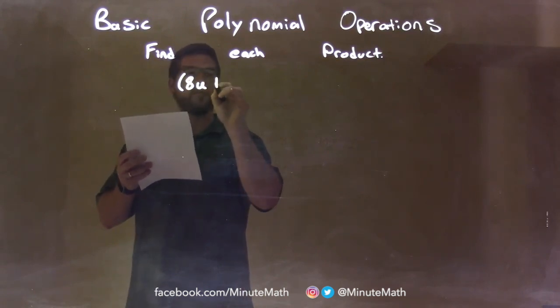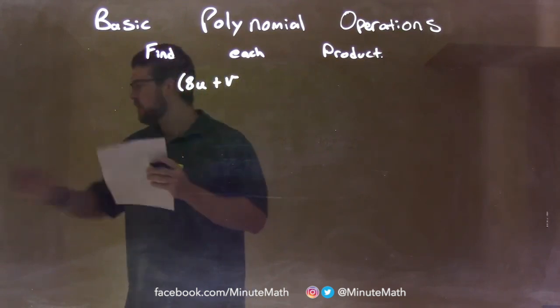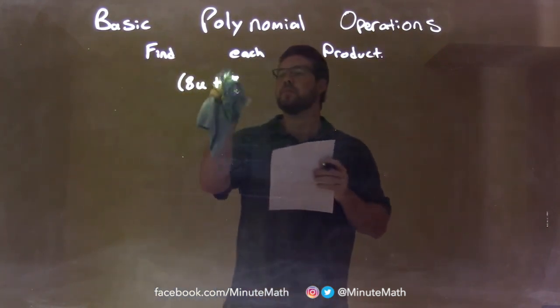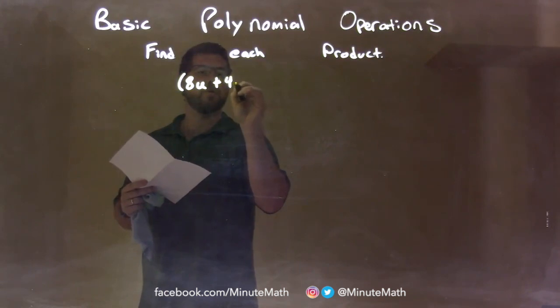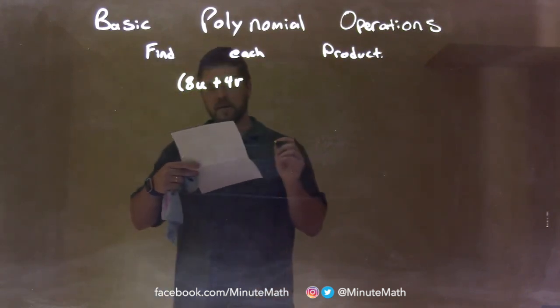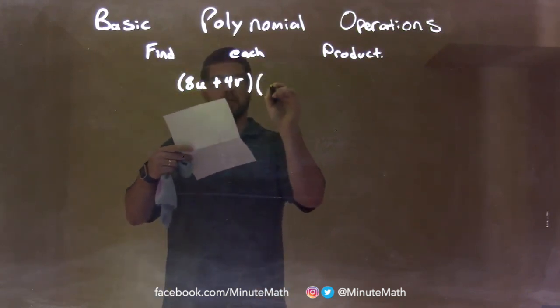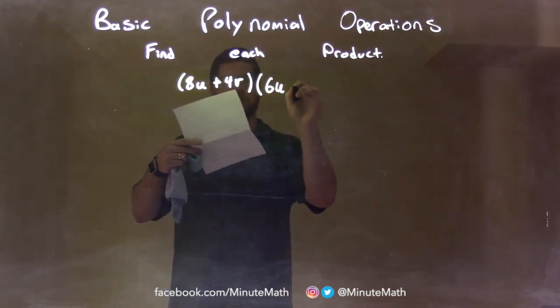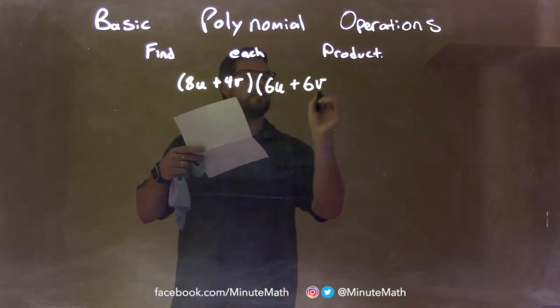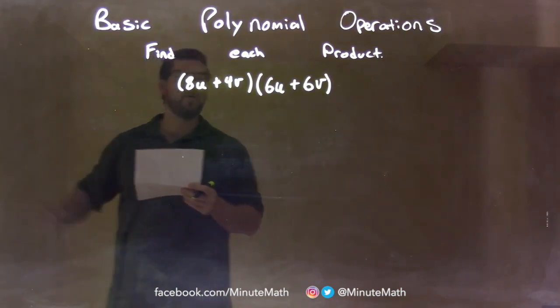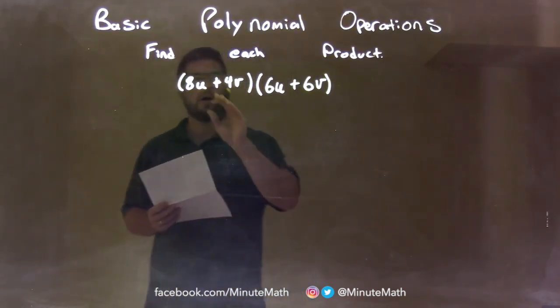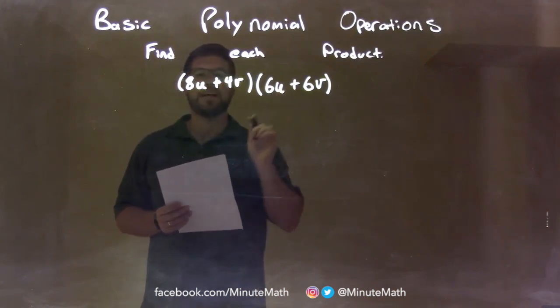8u plus 4v, times 6u plus 6v. Well, what I want to do is multiply all parts of my first parenthesis by all parts of my second parenthesis.